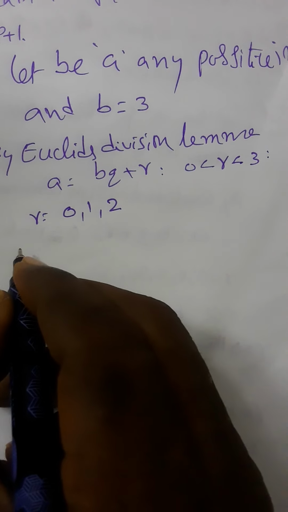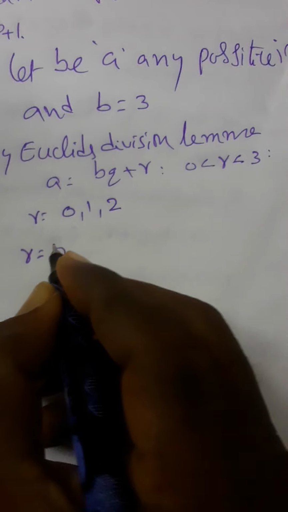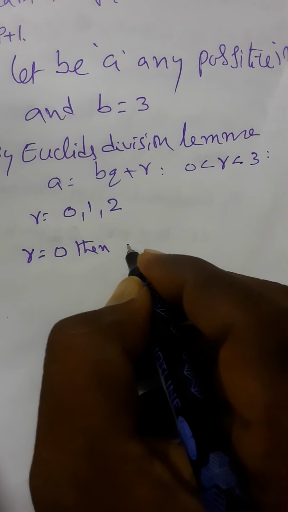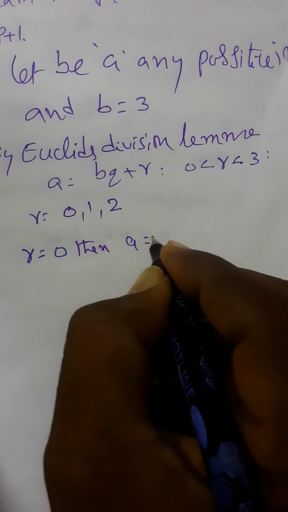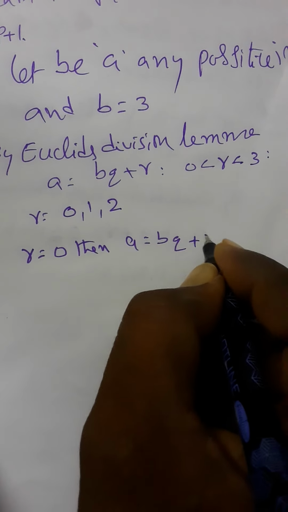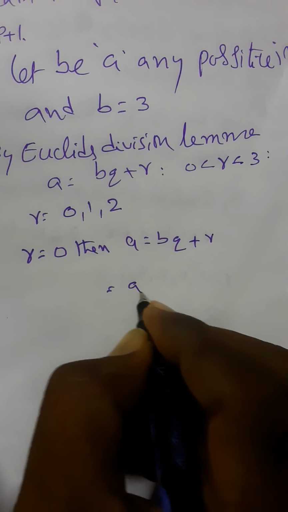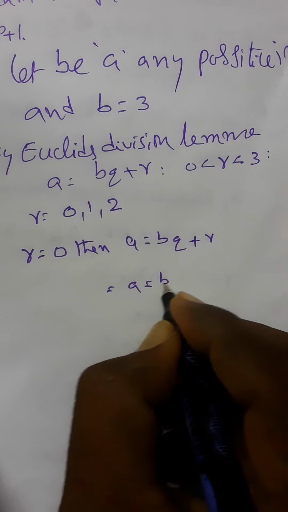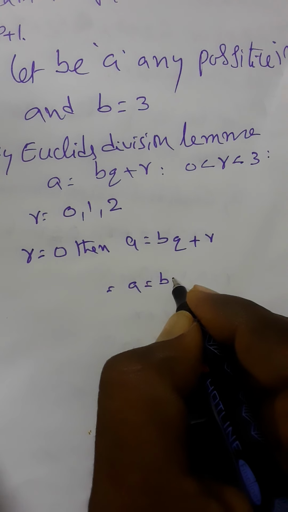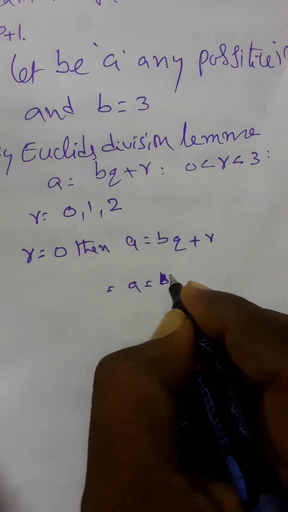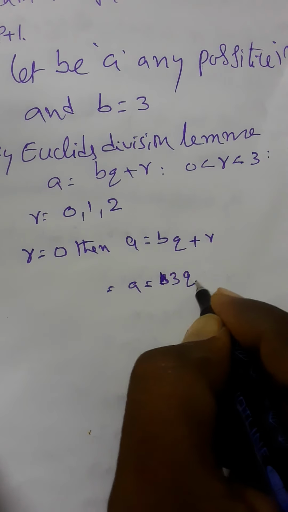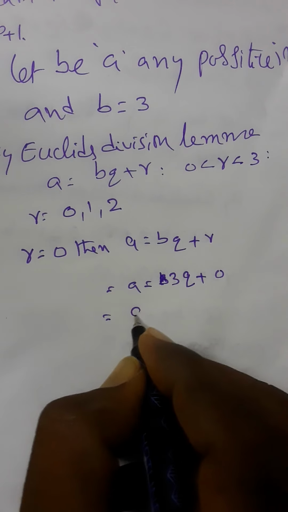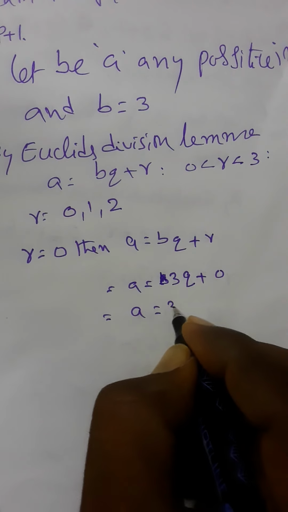So we take r equal to 0, then the equation is a equals bq plus r. Here b means 3, so a equals 3q plus 0. That means a equals 3q.